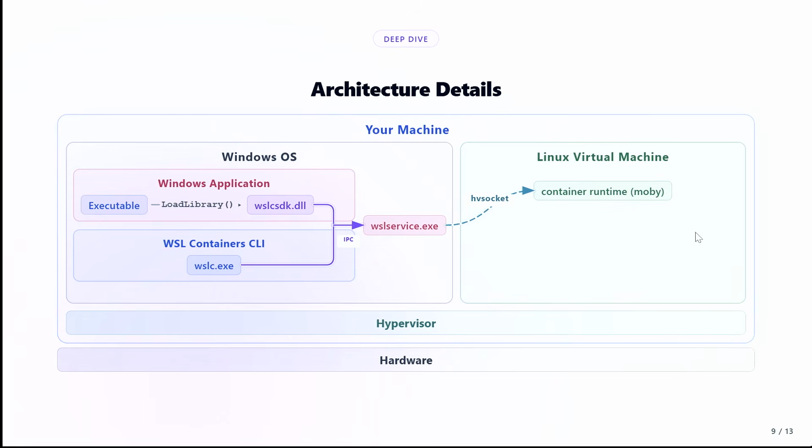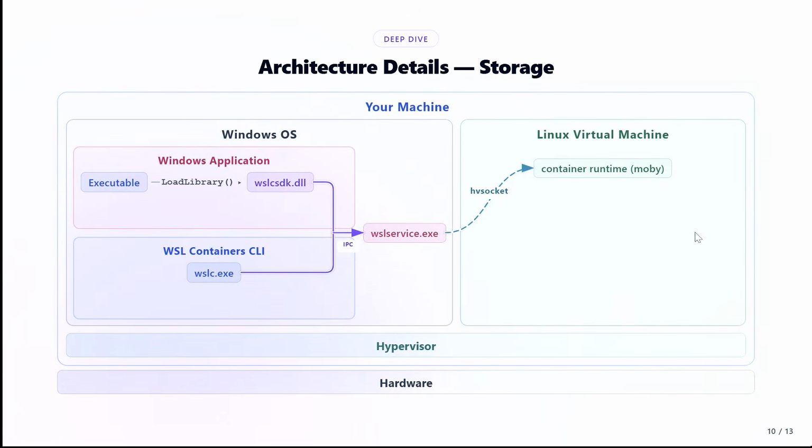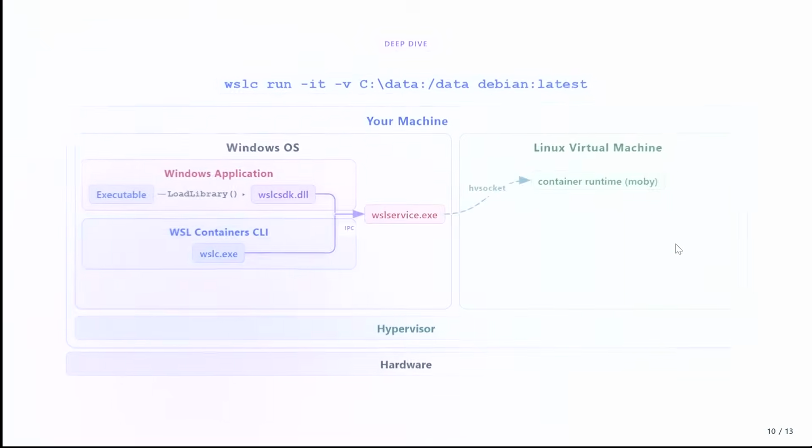It's a special extension of the WinSock API, and it's sort of like a point-to-point channel per VM to the hypervisor. So it's an isolated communication channel for every VM. Once the user issues a command for container creation, the container runtime goes ahead and creates those containers, and the WSL service does the job of relaying that information back and forth.